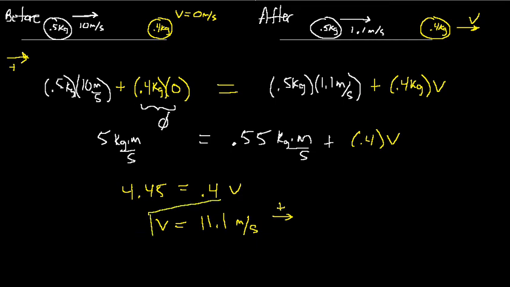So we see with this example how we can use conservation of momentum to solve these types of problems. Let's see if we can do another problem quickly. I'm going to wing this because I didn't prepare it, but hopefully it'll work. We have two skaters.